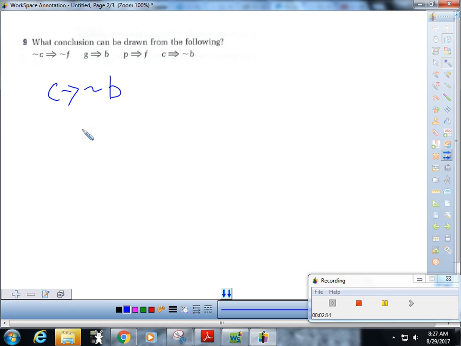So not B takes you to not G, and then we get stuck, right? There's nowhere we can go. We don't know where not G takes us. So one conclusion we can make is that C takes you to not G. But you could have also started somewhere else.